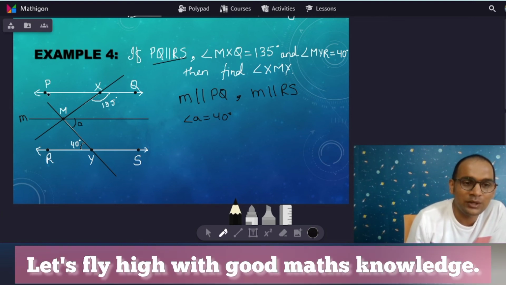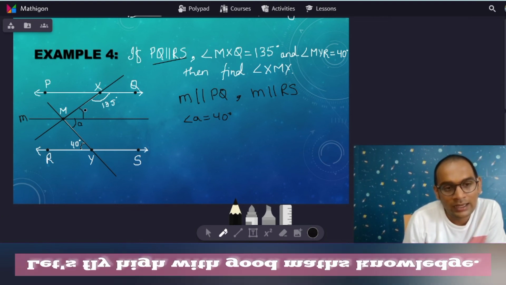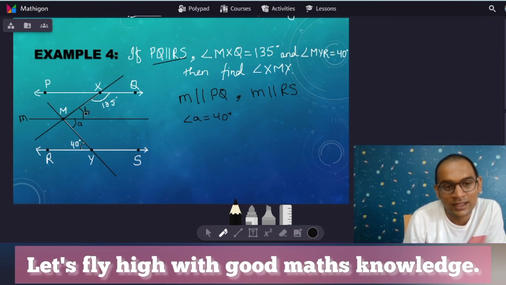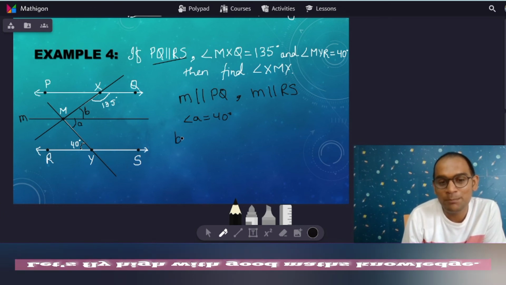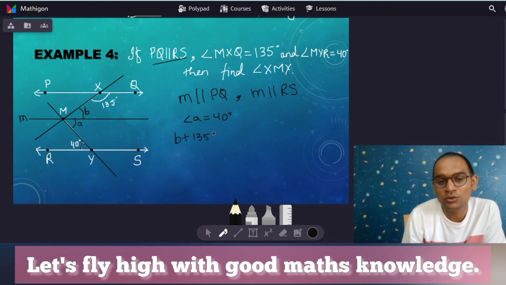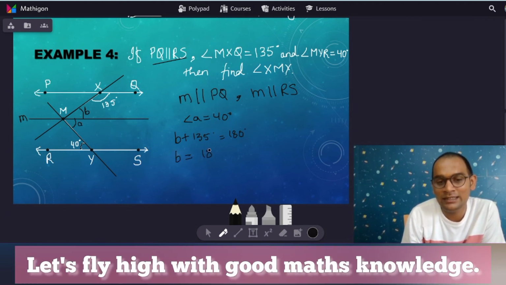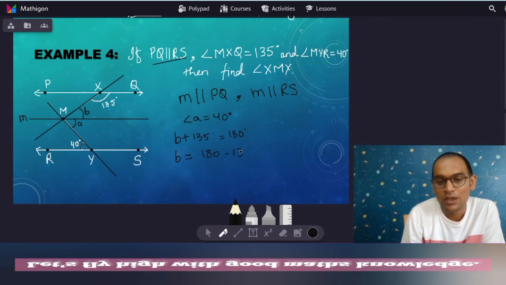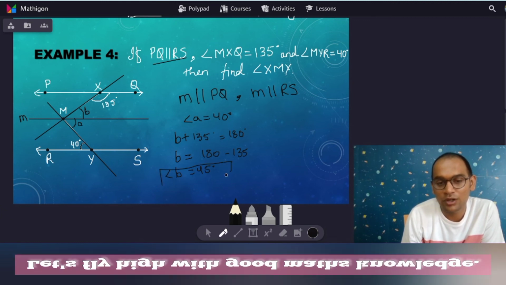If this is the transversal, and M is parallel to PQ, what about angle B and 135? They are angles on the same side of the transversal, right? So B plus 135 will be equal to 180 degrees. That means angle B is nothing but 180 minus 135, which is 45 degrees. Angle B equals 45 degrees.